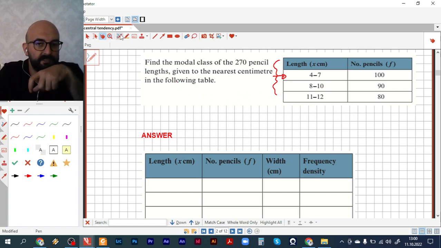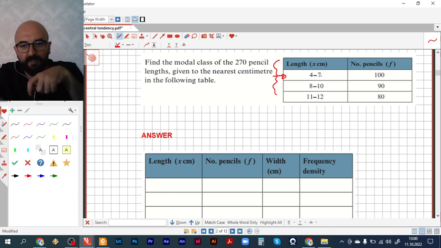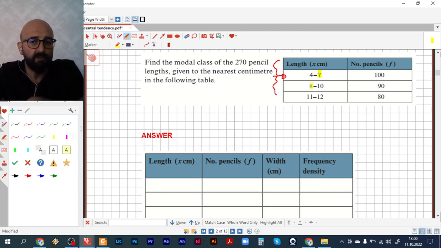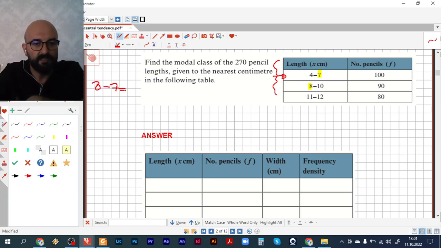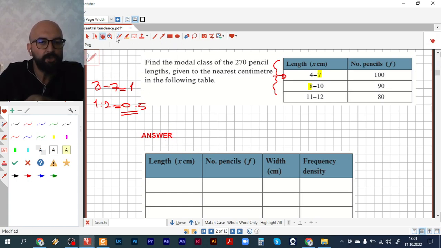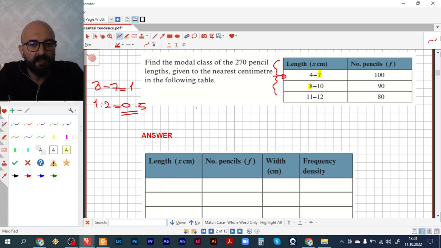And if you remember, our interval, for example, the first group ends at 7, the second group lower boundary is 8, and the interval is 1, and 1 divided by 2 becomes 0.5 or half, and we should subtract 0.5 and add 0.5.